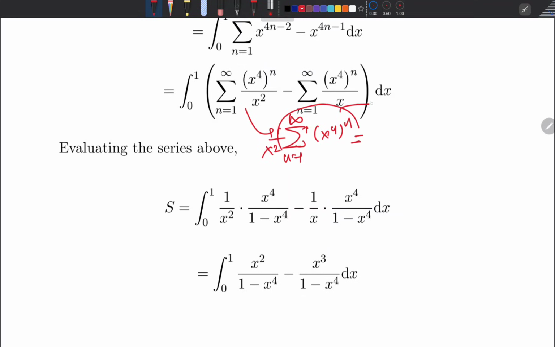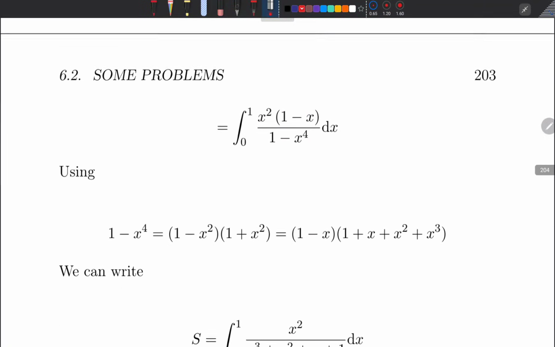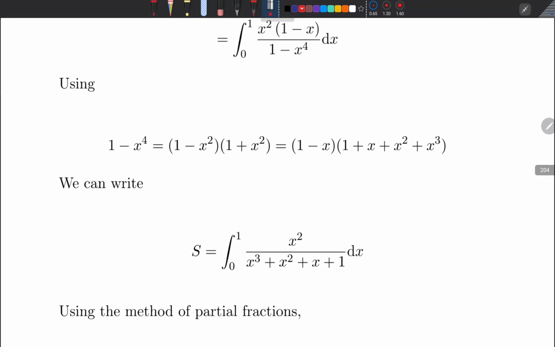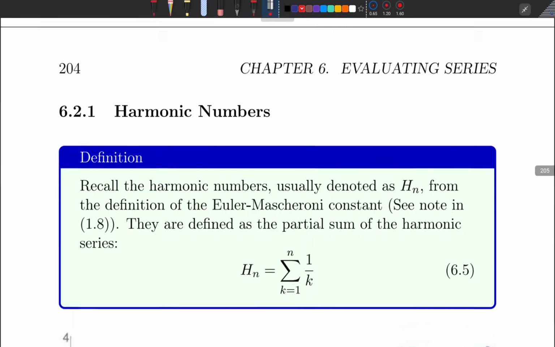So basically this is your infinite geometric sum, and that can also be written as x to the 4 over 1 minus x to the 4. So yeah, it's just all these things that we have studied in the very beginning of this chapter. But yeah, you just need to know where to use, when to use, and how to use.